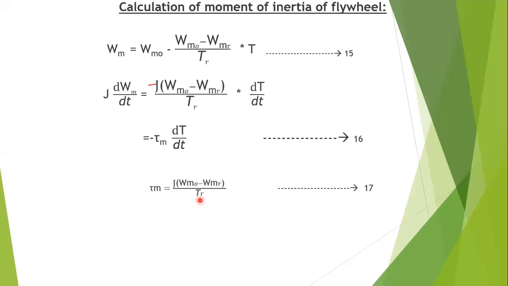So when the motor torque is maintained at constant rated value Tr, the time required to change the speed from omega m naught to omega mr is called the mechanical time constant of the motor.